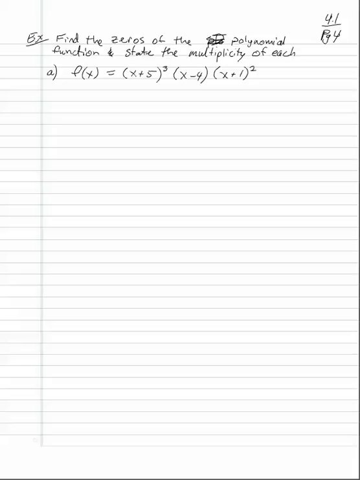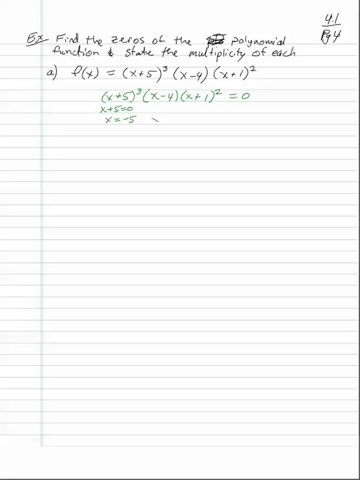Find the zeros of the polynomial function and state the multiplicity of each. Remember, to find the zeros, we set it equal to 0 and solve. It's factored, which is the hard part, so that's done for us. You just set each of these factors equal to 0, and you don't have to show all the work.